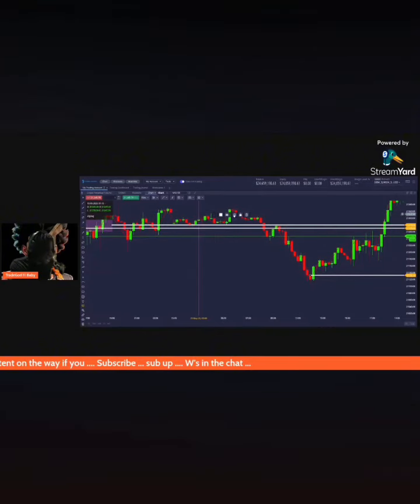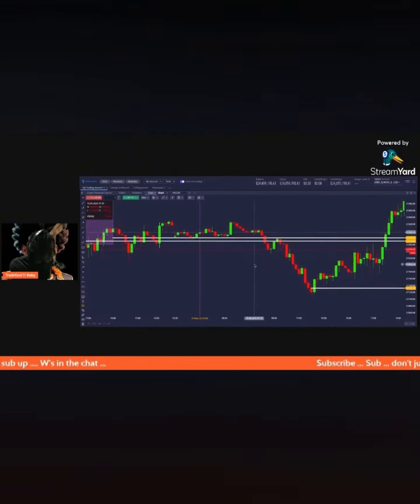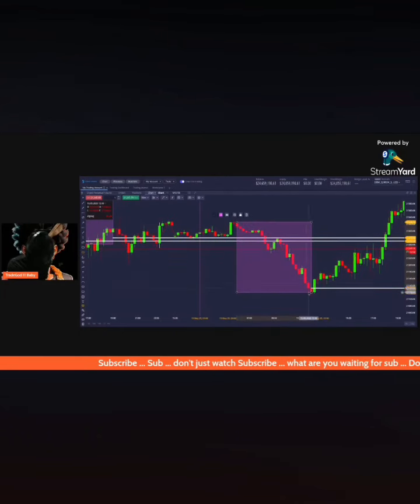And a leg, what I mean by a leg is like a trend. So like you see, from here to here is a leg, and it's considered a downtrend.